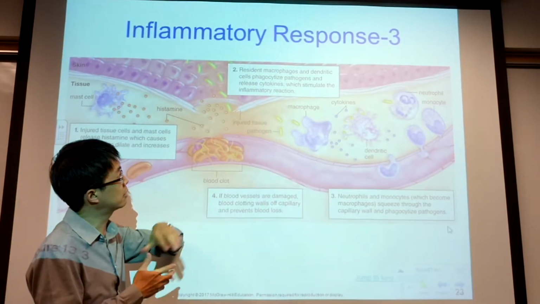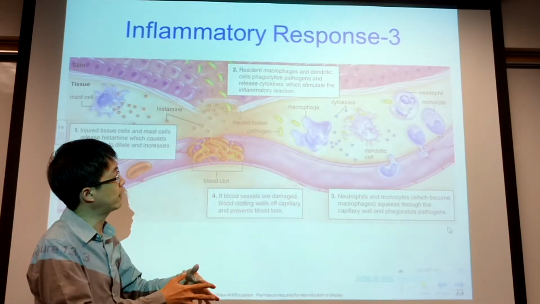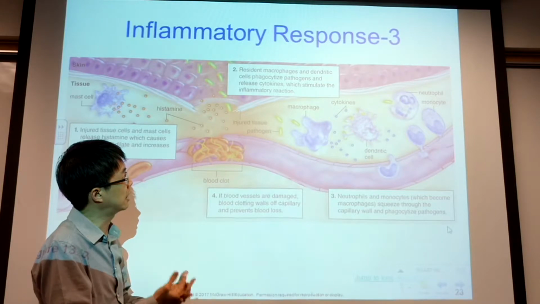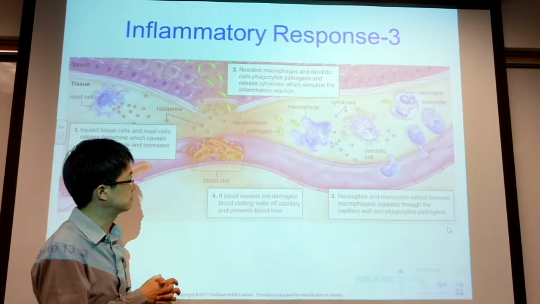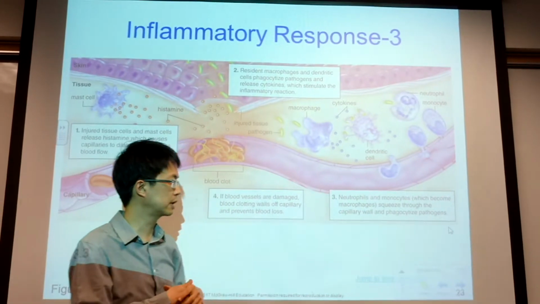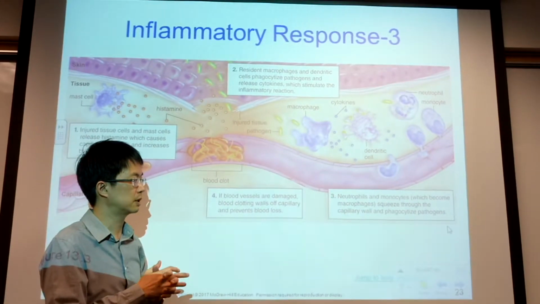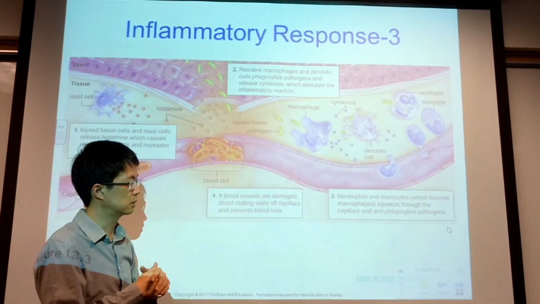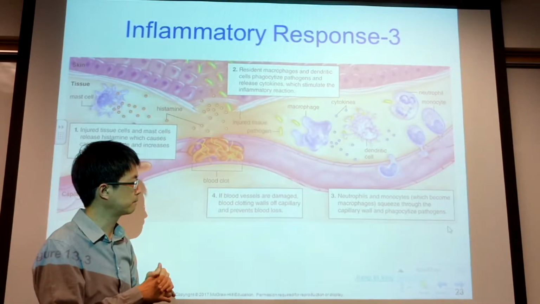So it says that macrophages and dendritic cells can phagocytize pathogens and release cytokine. And then neutrophil and monocyte, as I said, will become macrophage. They can squeeze through the capillary because in that area the permeability increases, so they have an easier time to do that.